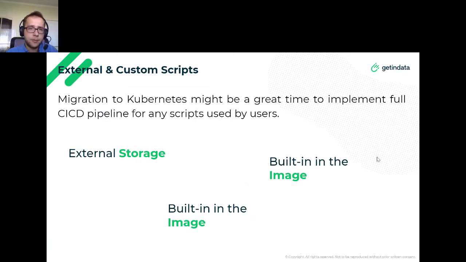About all of the scripts that we use in our NiFi, here we need to remember that we have two ways of doing it, or three ways, well, it depends. The first is adding the scripts directly to our image. The next one is using external storage, and the last one is gathering the scripts each time from some external source.